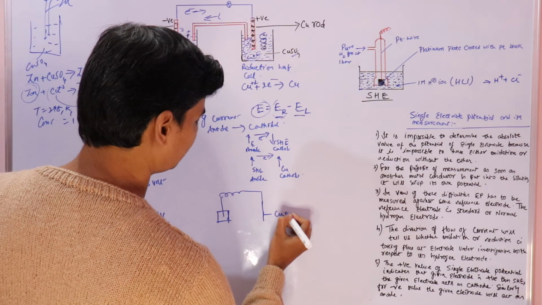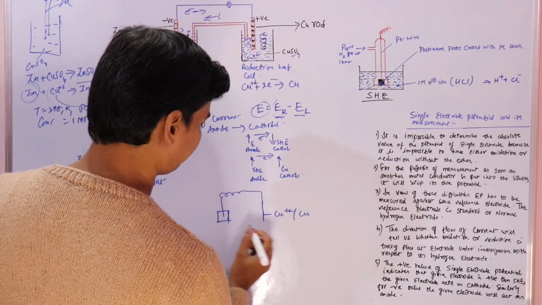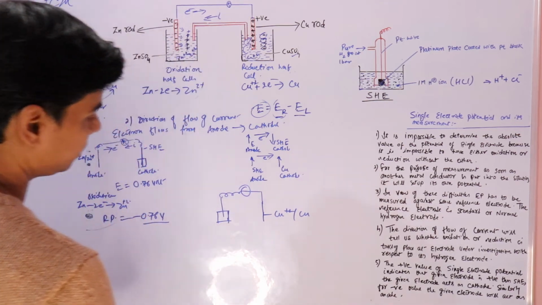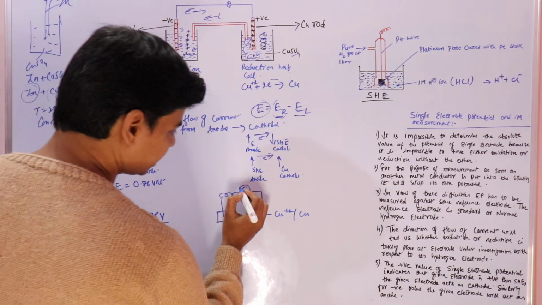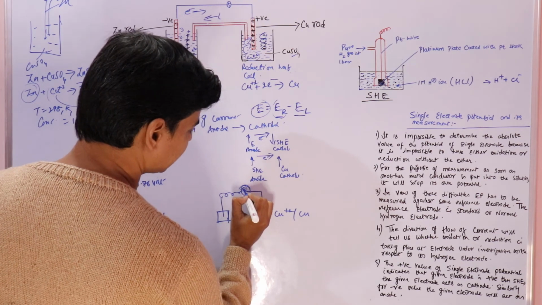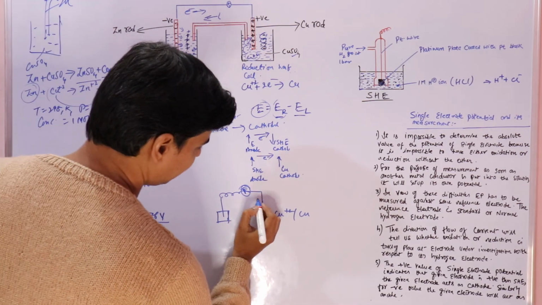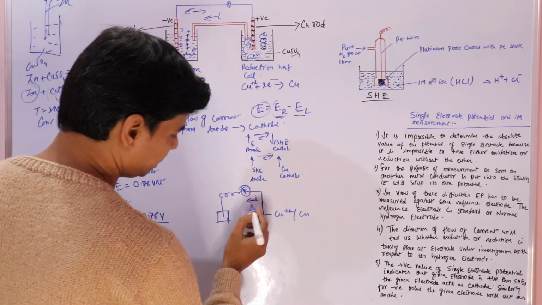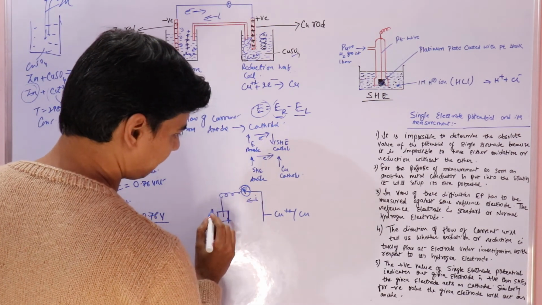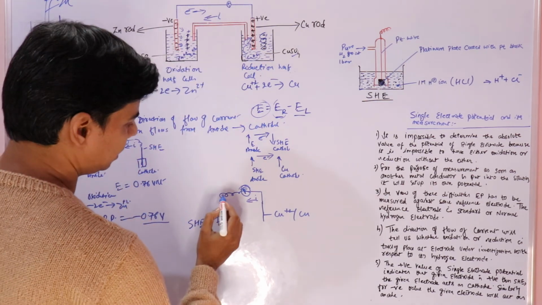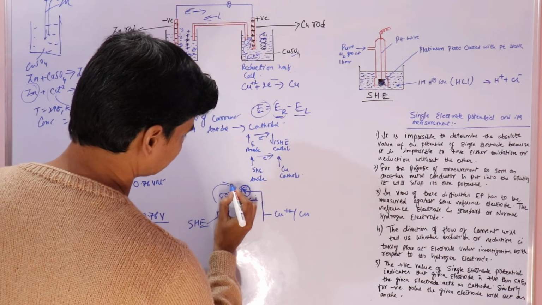This is your copper electrode, right? And we have a voltmeter over here, and we'll see the deflection of this voltmeter in this direction. That means current is flowing in this direction, that means electrons are flowing in this direction, right?